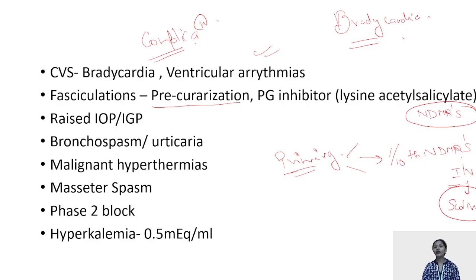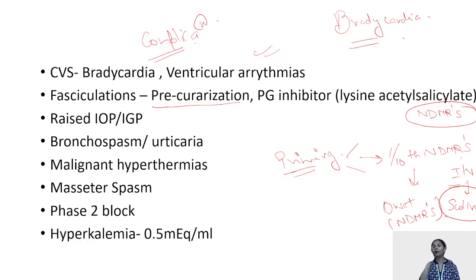And it has one more advantage: it is going to decrease the onset of action of your NDMRs also. Generally, after giving scolin, we give a non-depolarizing muscle relaxant also, but being an intermediate-acting agent, the onset is around 5 minutes.